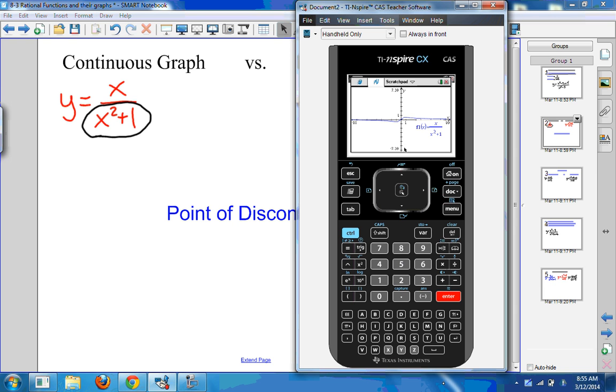Let's take a look at that. And if I zoom in a little bit, it's just going straight across, and it is continuous the whole way. There's no gaps in it.